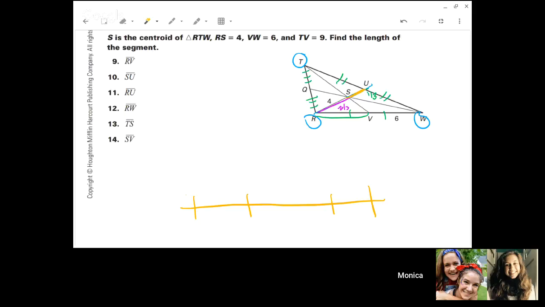So if I know 2/3 of it equals 4, and these are equal, so this would be 2 and this would be 2, right? Okay, so if this part of it is 2/3 and this part of it is 1/3, this part is also 2. Does that make sense?